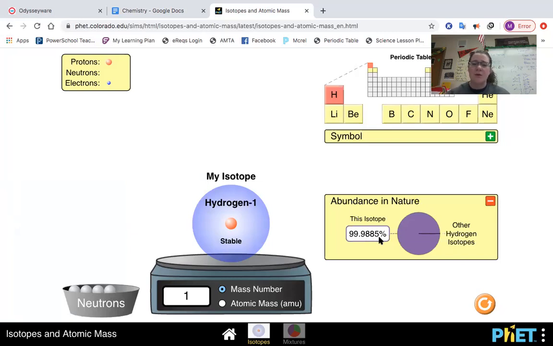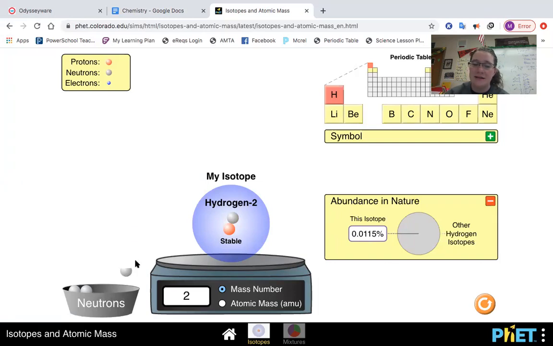And so most hydrogen atoms only have one proton. If I add a neutron to it and I make hydrogen 2, I do see that this does occur in nature. It occurs 0.0115% of the time. And so those are the two main isotopes of hydrogen I'm going to find.